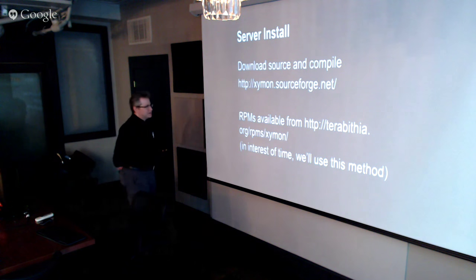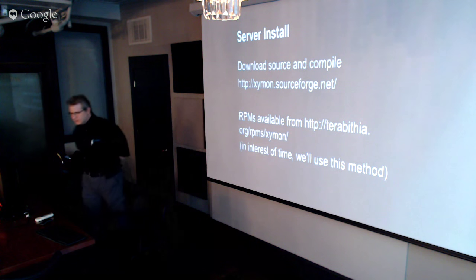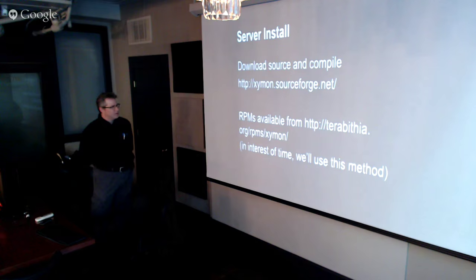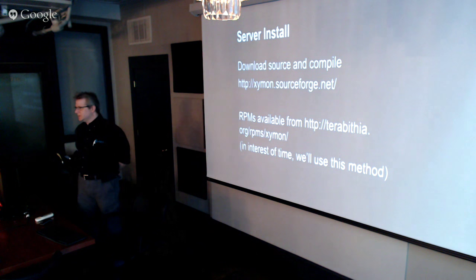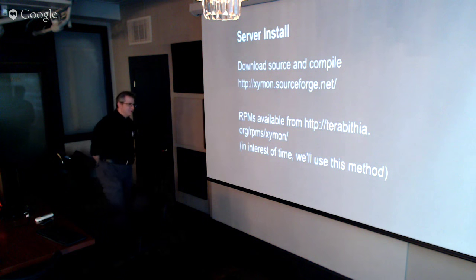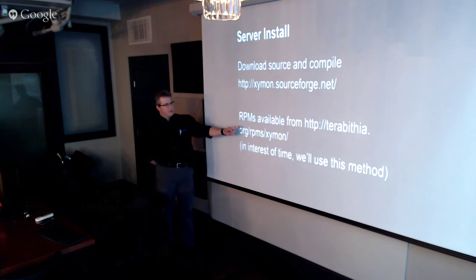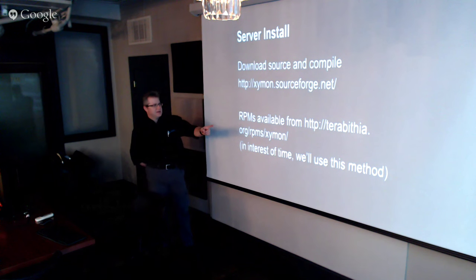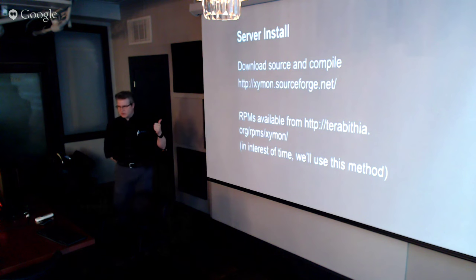So there's pretty much a couple ways to do this. Server compile is pretty straightforward. You just have to make sure you have all your development RPMs installed so that the things will compile. But more recently, I've been using RPMs from Terabithia. This is unofficial, but he's pretty much complete.